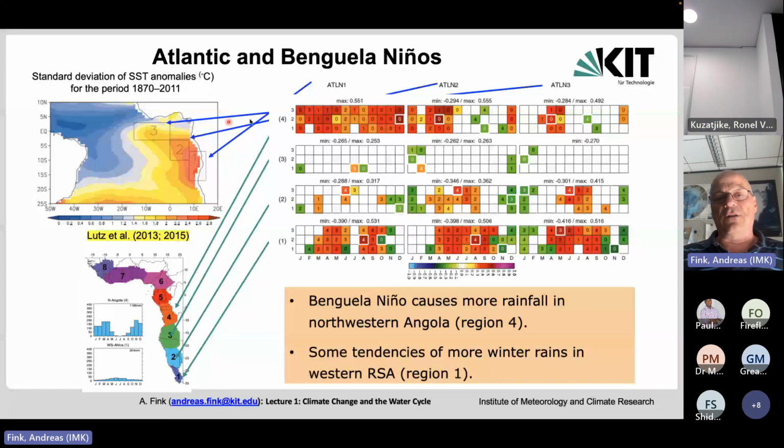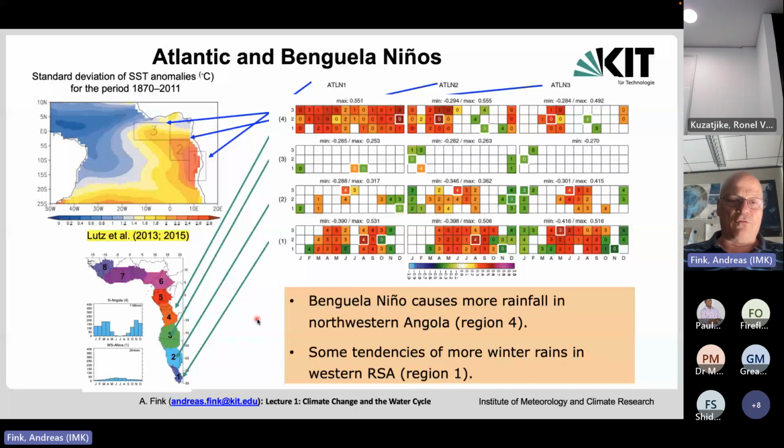The Benguela Niño is called such when the waters are high in region number 1. Very often they occur at the same time. So there are arguments by some scientists that we should not distinguish between Atlantic and Benguela Niños, just calling them Atlantic Niño or Benguela Niño. And there's a work by Lutz et al.